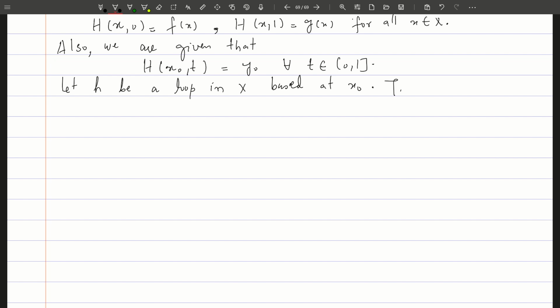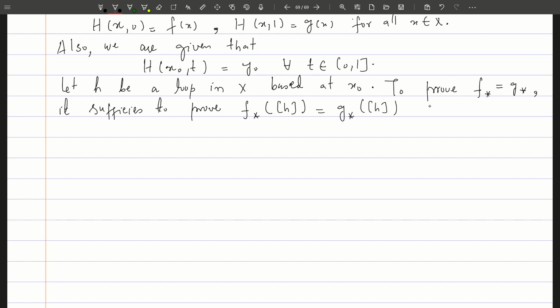So to prove f star is the same as g star, it suffices to prove f star of the homotopy class of h, because this is an element of the fundamental group of X based at x naught, is the same as g star of the homotopy class of h.